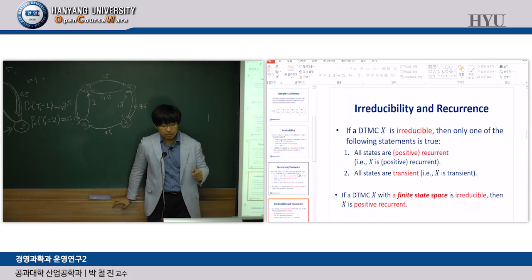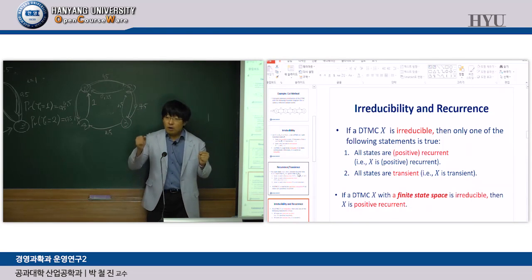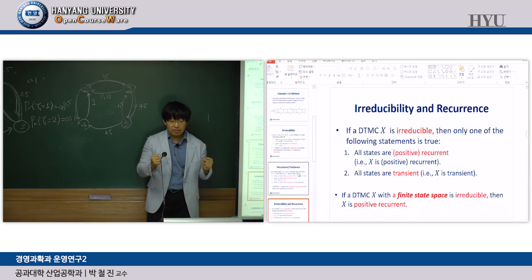If the chain is irreducible and one of the states is recurrent, then the chain is recurrent. This is under the assumption that the chain is irreducible.